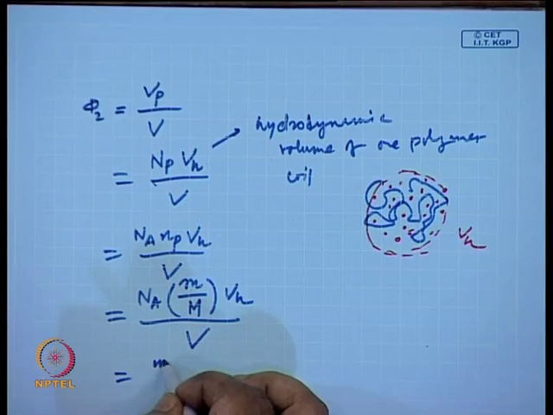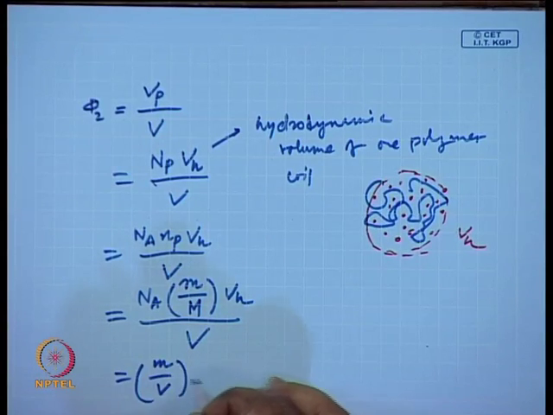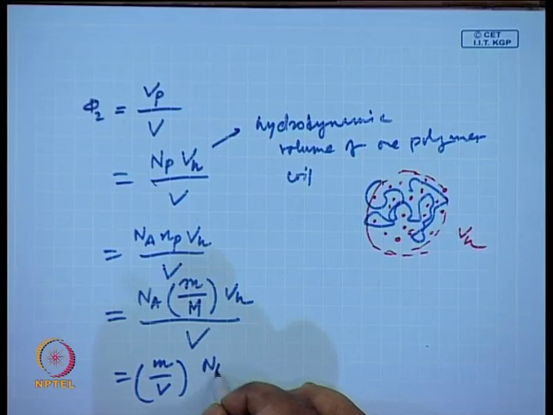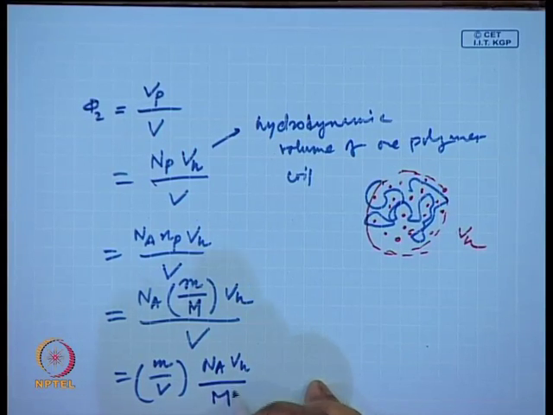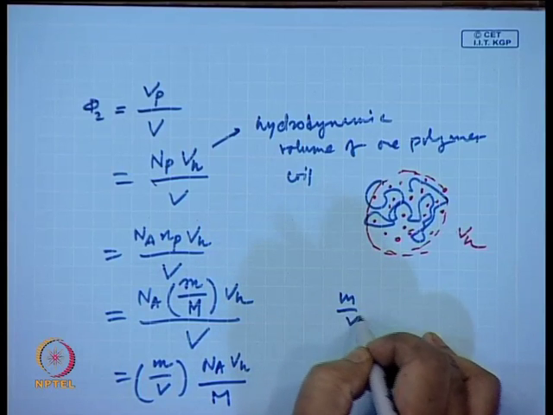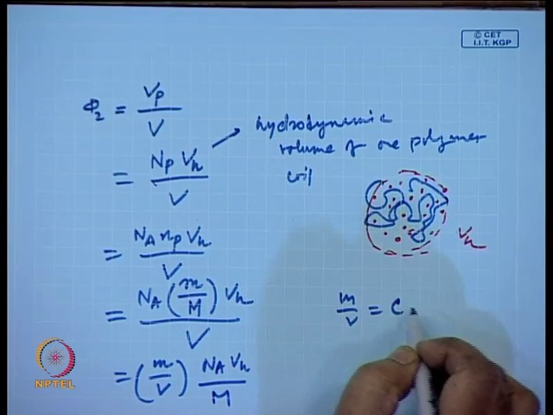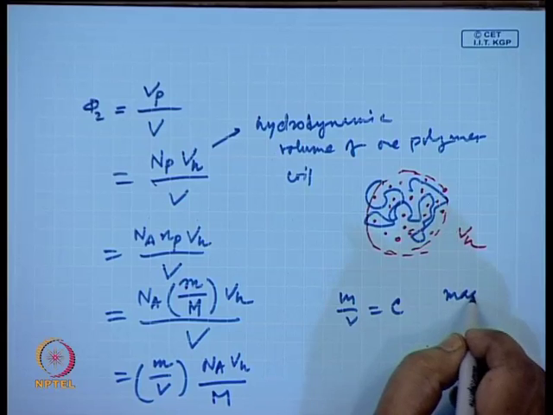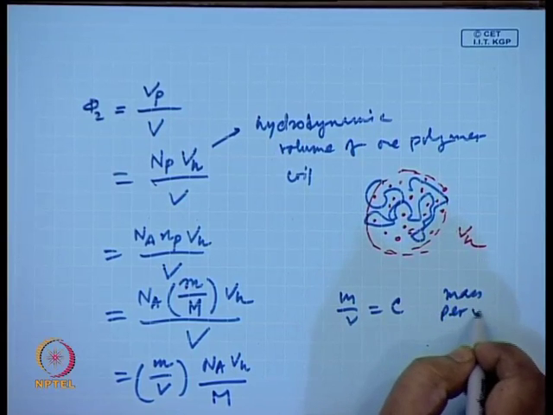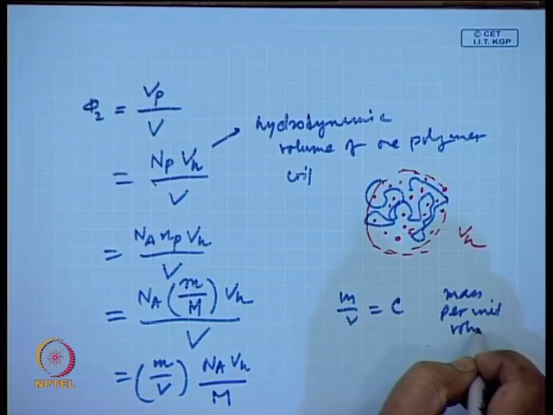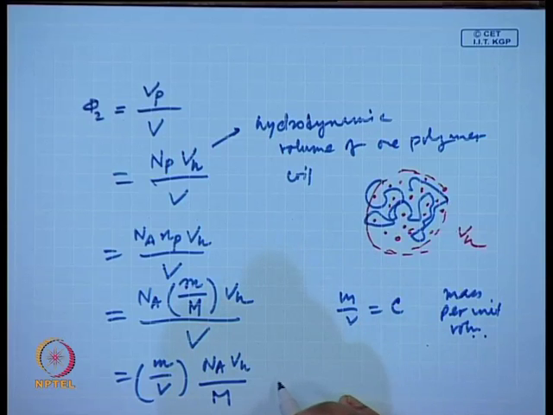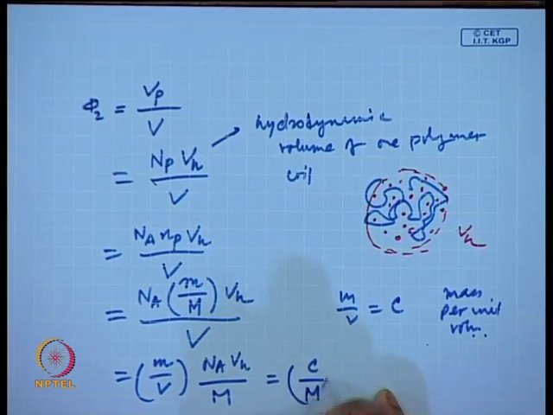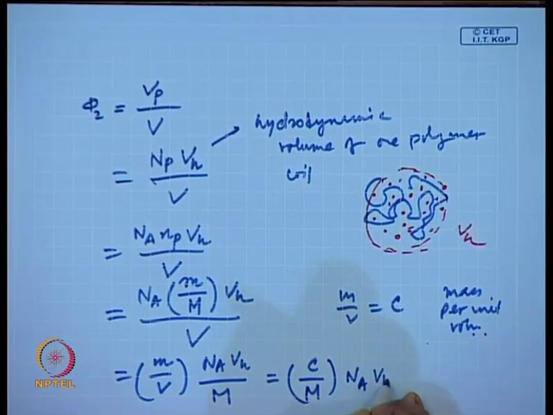Mass by volume is the concentration C, in mass per unit volume. So, we can write this as C by M times Na VH.